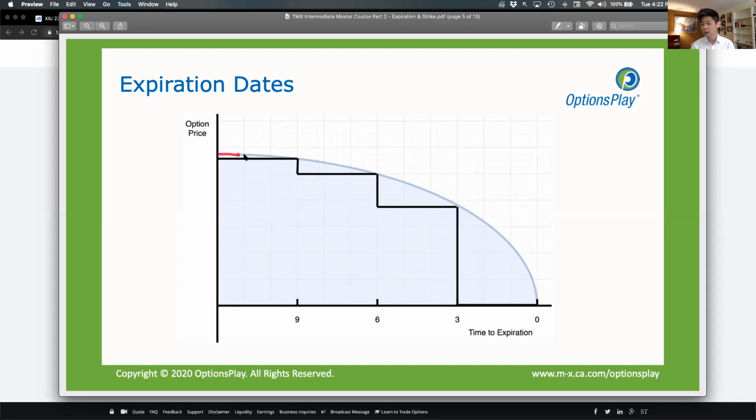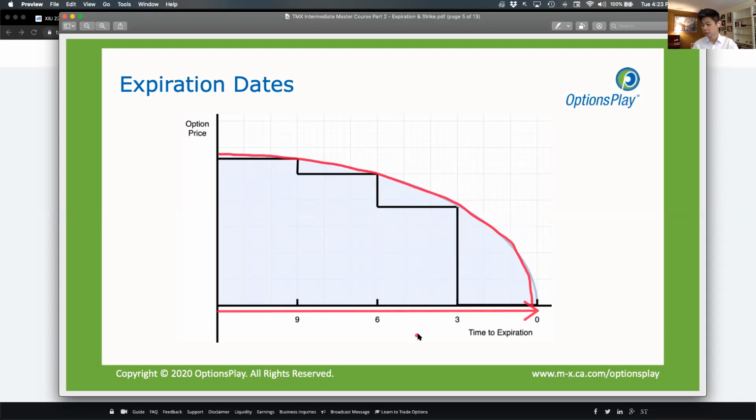As you can see, the value of an option will decay as you get closer to expiration. The x-axis at the bottom is time as it gets closer to expiration. We draw the chart this way to show how much time decay you actually experience depending on how far out the option is trading.